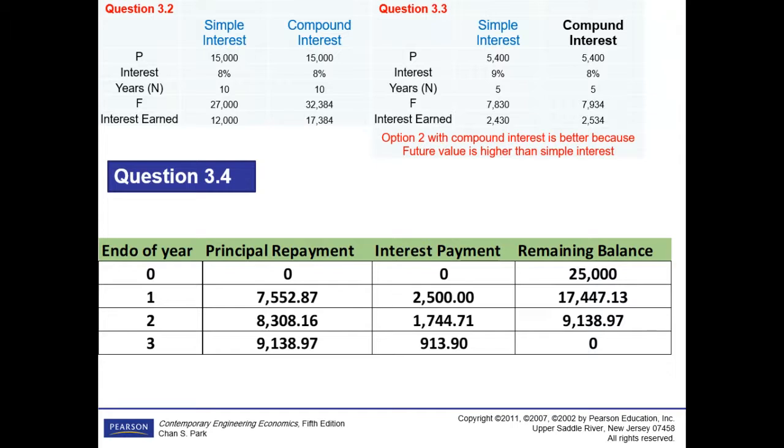Okay, now my question is for year number 1, if you add principal repayment plus interest payment, what is the total amount? The principal repayment in year 1 plus the interest payment in year 1, it will be how much?